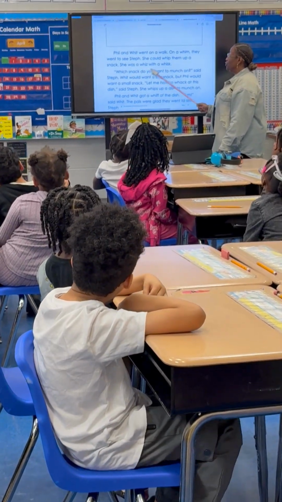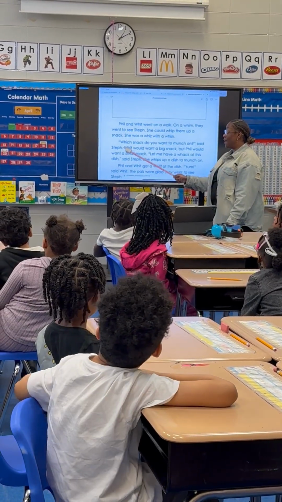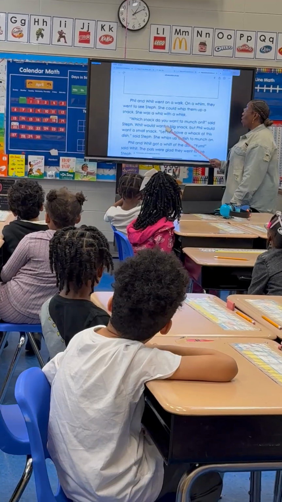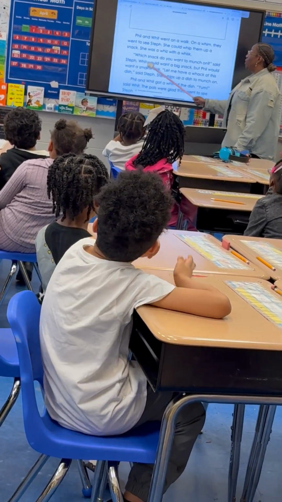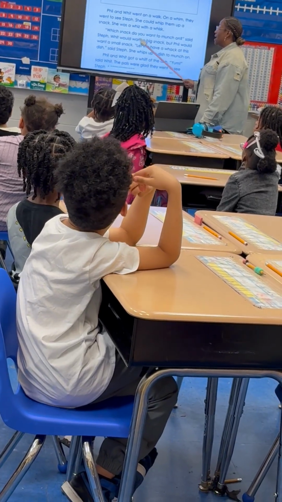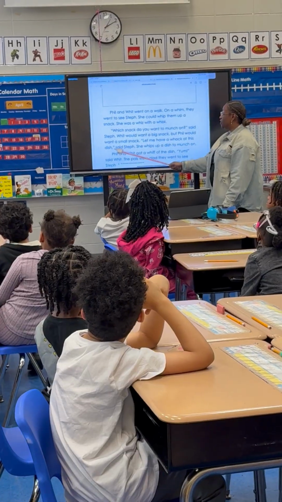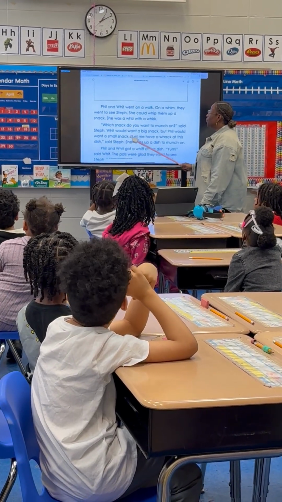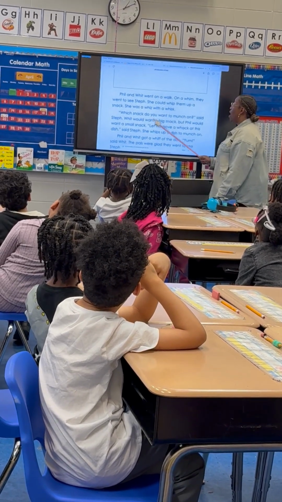Which snack do you want to munch on? said Steph. Whit would want a big snack, but Phil would want a small snack. Let me have a whack at this dish, said Steph. She whipped up a dish to munch on.